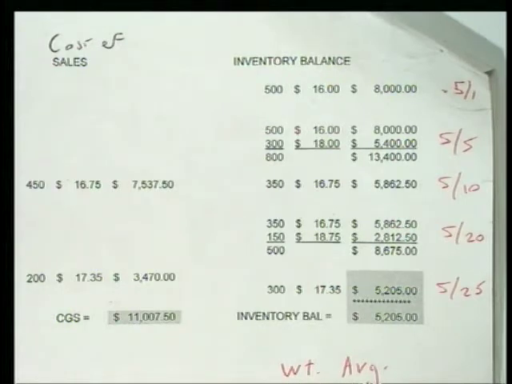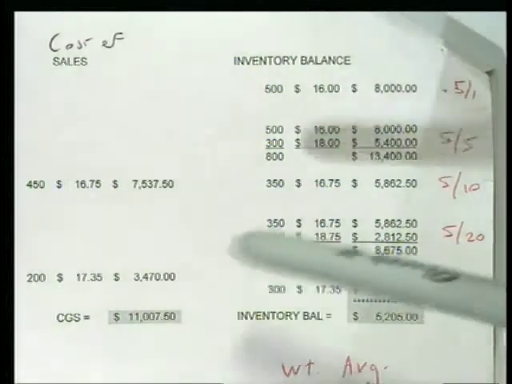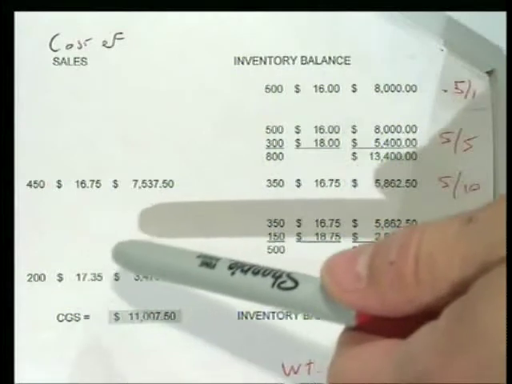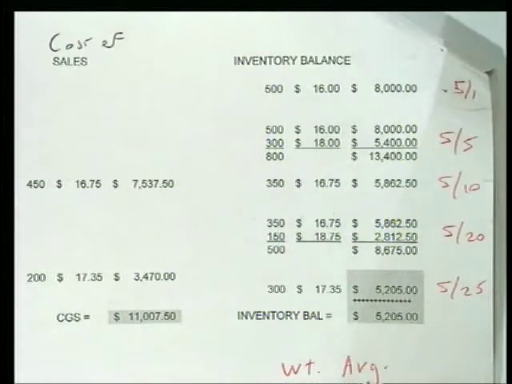Remember, don't round it to the nearest dollar. Take it to 2 decimal places after the decimal, or 2 numbers past the decimal place. So this 17.35 here, don't round that to 17 or to 17.4. Take it to 17.35.